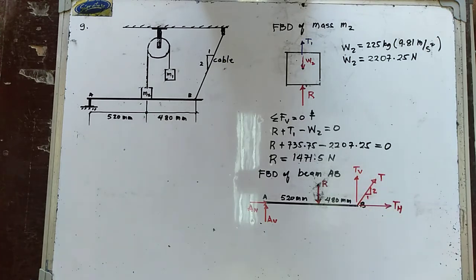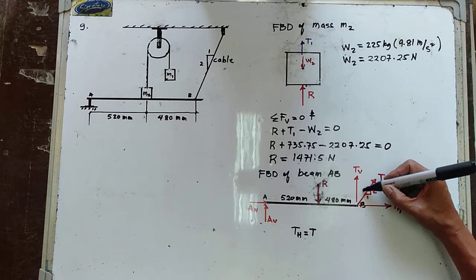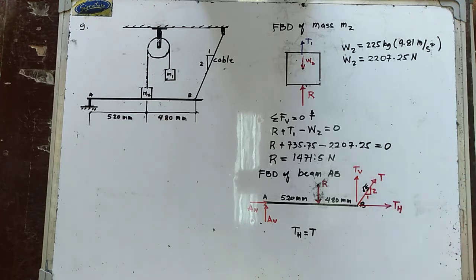Now, let's try to get your T horizontal. T horizontal is equal to T, the horizontal slope, hence this is equal to the square root of 2 square plus 1 square. So that is the square root of 5.